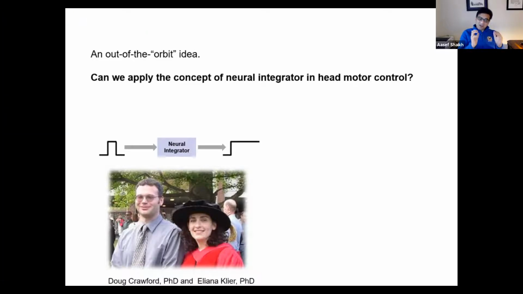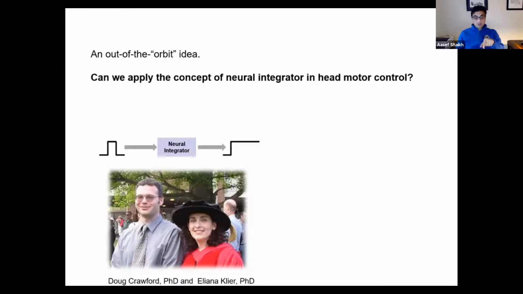They asked, can we really apply this concept of neural integrator outside of eye movement, let's say in head motor control? Doug, in his PhD with Tutis Vilis, who was in London, Ontario, many years ago, discovered that for vertical eye positions, the neural integrator is in the nucleus of Cajal.